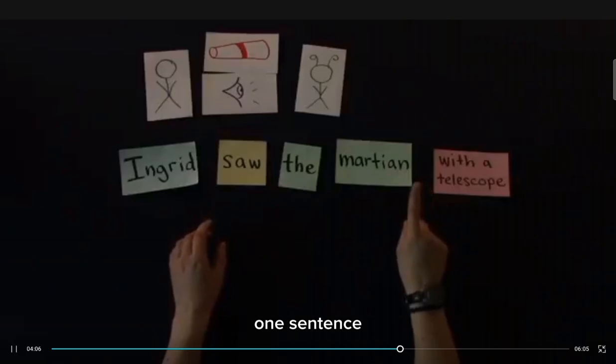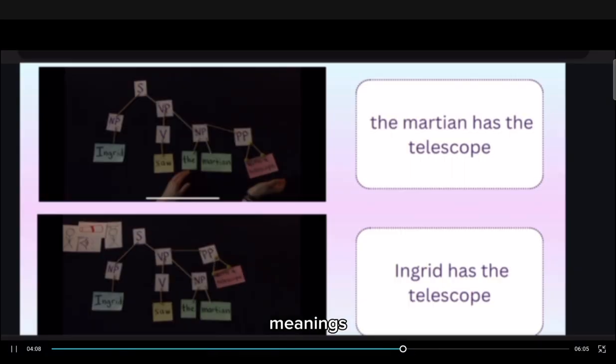So how is it that one sentence can have two different meanings? The sentence, "Ingrid saw the Martian with a telescope," is ambiguous. What makes it ambiguous is that it can be interpreted into two different meanings. And the difference between the two meanings is who has the telescope.